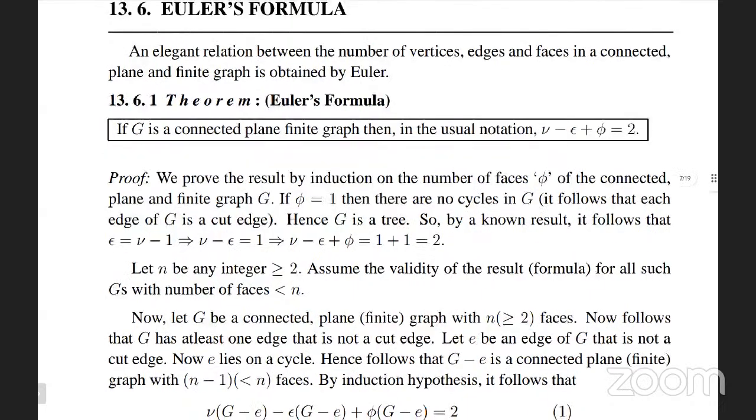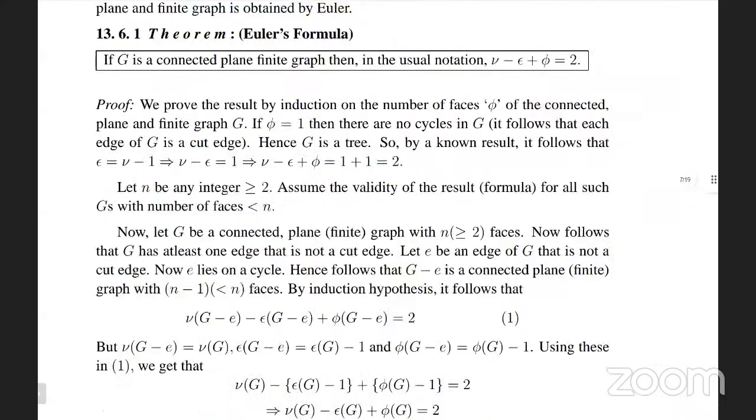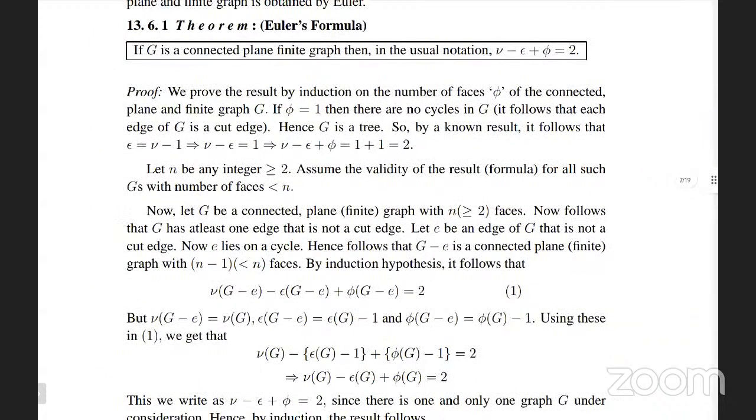Now, from the proof point of view, this is important for the long question. If G is a connected plane finite graph, and if phi is the number of faces, suppose phi equals 1, the first face. Then there is no cycle in G, because how many vertices do we have?